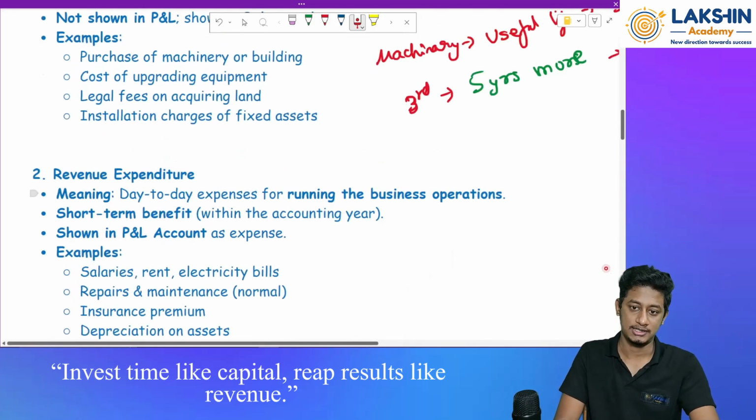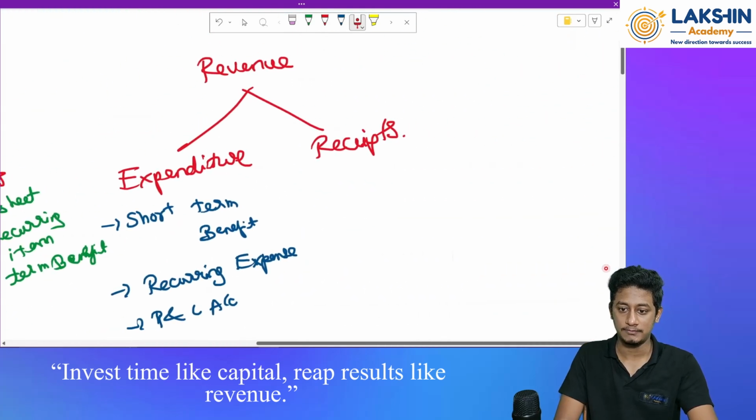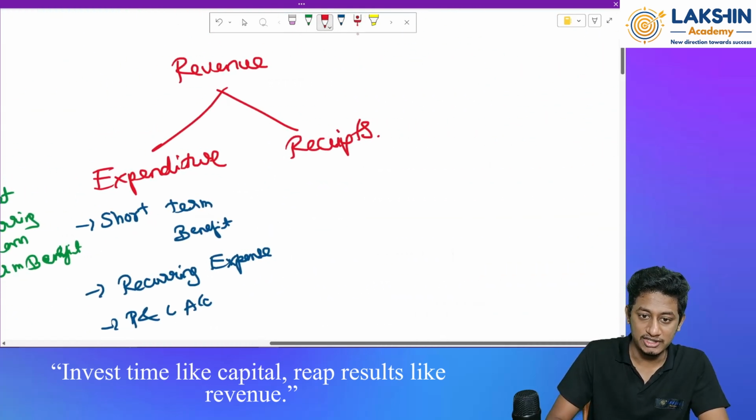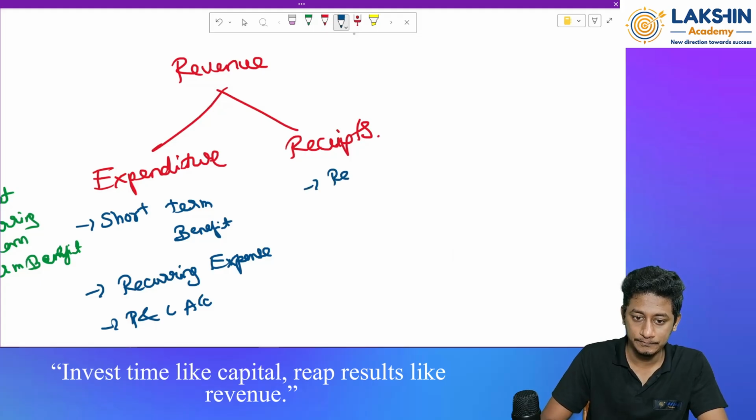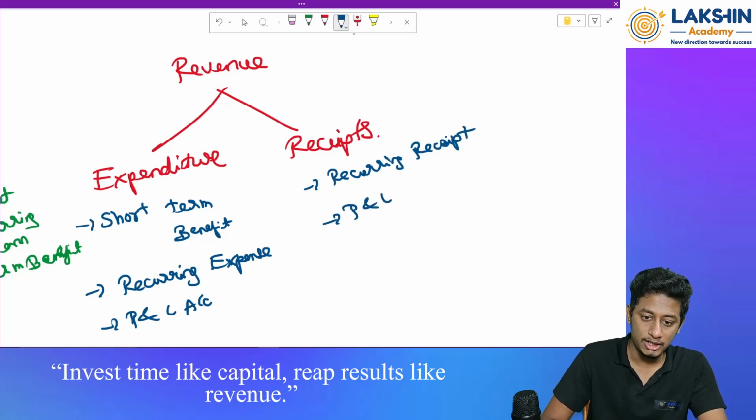Done. Yes. So now if I have to write over here, revenue receipt is what? It is a recurring receipt. Then it is taken to the P&L account as income.